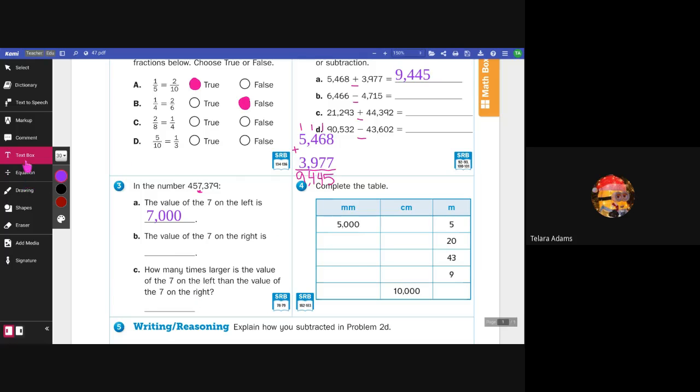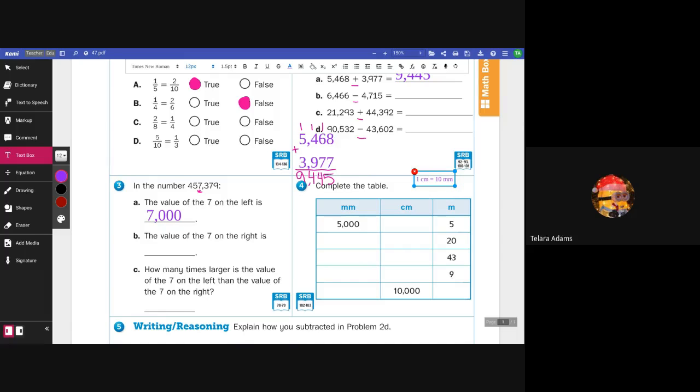Now, number 4, there are a couple of things that I want to remind you of first. So I am going to type a couple of hints. You don't have to, but it will probably help you. 1 centimeter equals 10 millimeters.